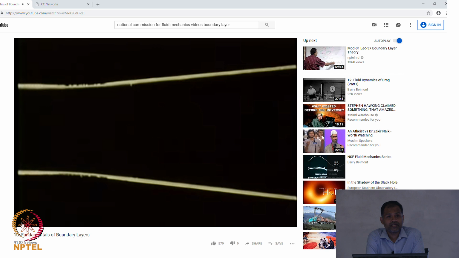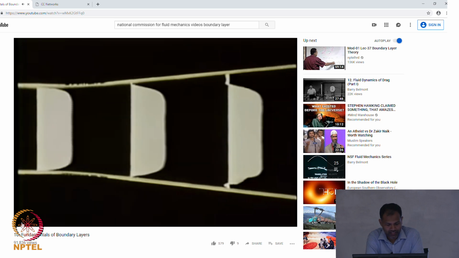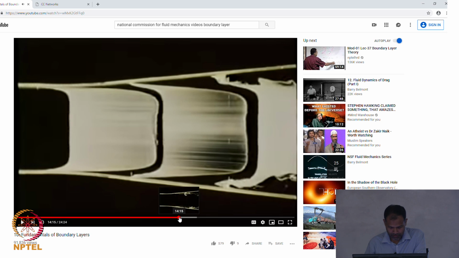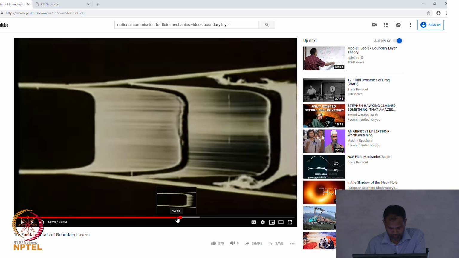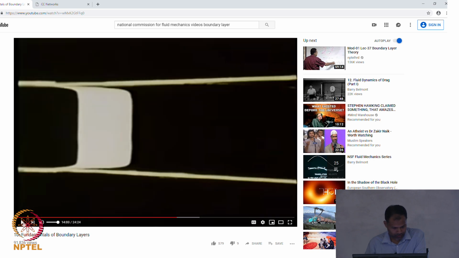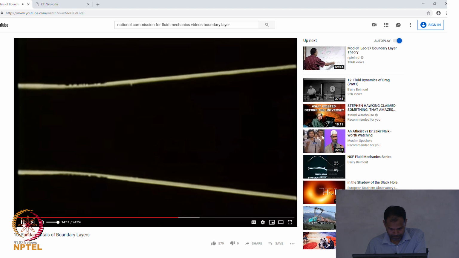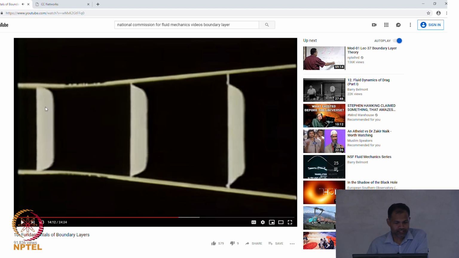Now they have taken a bigger, more diverging channel. There they insert a band of hydrogen bubbles.